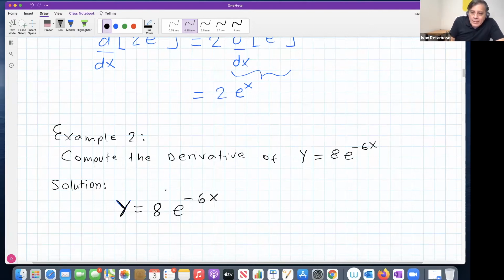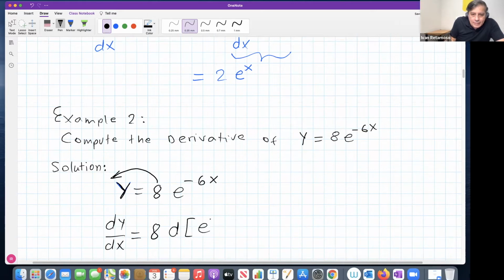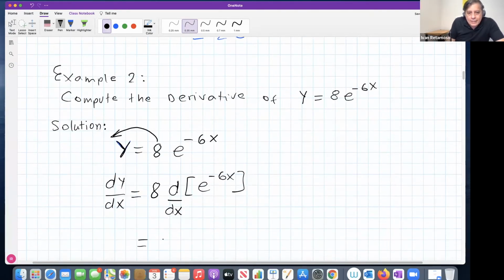But even before that, recognize this number 8 as a constant, so we're going to take it outside the derivative, okay? So the derivative of y with respect to x will be equal to 8 outside, and we just focus on taking the derivative of e raised to minus 6x with respect to x, right? That's it. Okay, great. So 8 outside, this derivative.